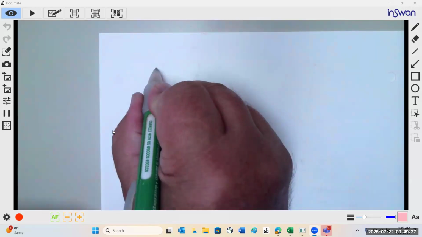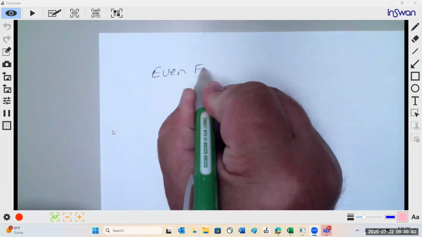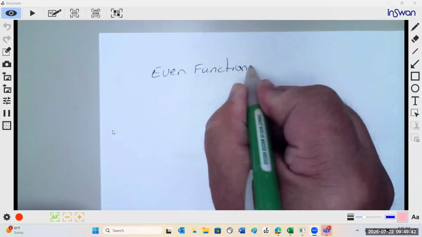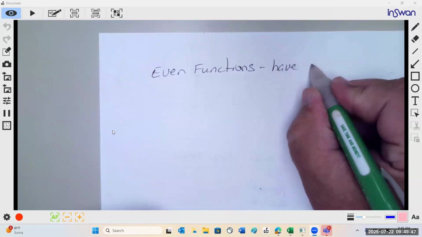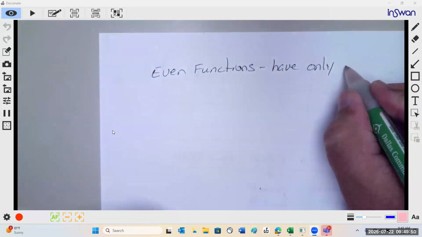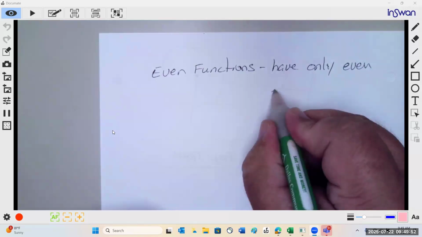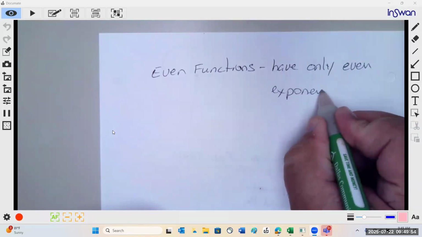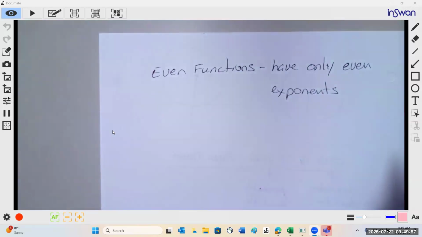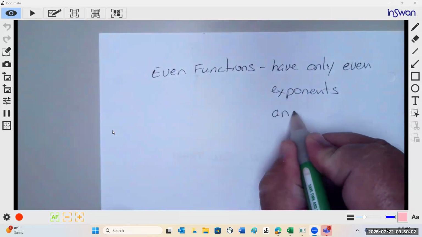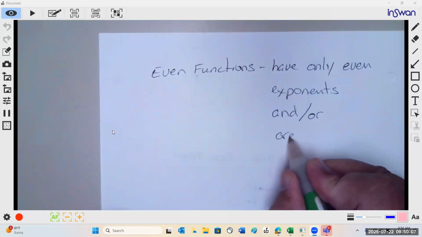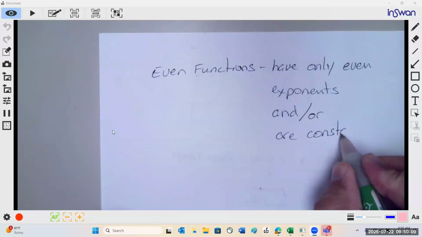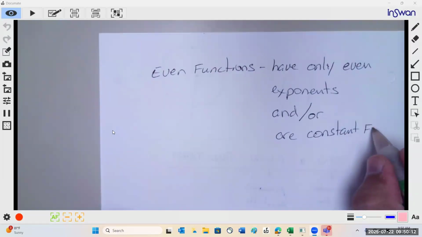For a function to be even, it has to have only even exponents and or be a constant function.